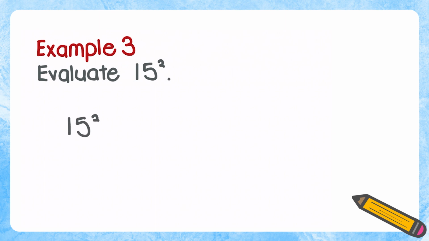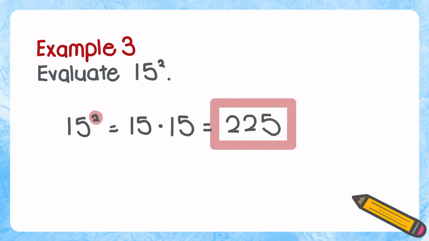And feel free to use a calculator. 15 squared is the same thing as 15 times 15, which equals 225. 15 squared equals 225.